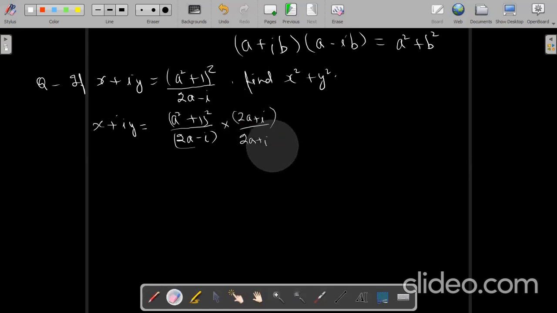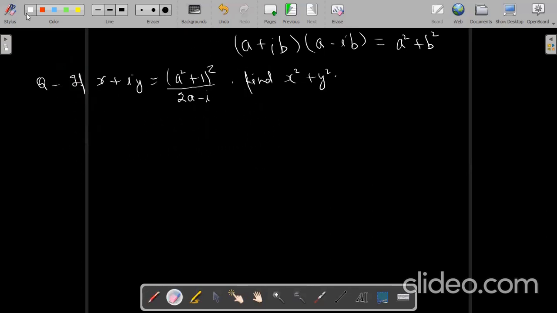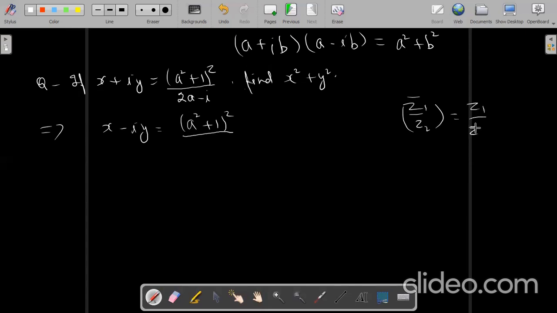So another way is you can directly write: wherever iota is given, its conjugate x minus iota y will be equal to, because this is a real number, (a square plus 1) whole square, this will not change, and only in the denominator, because the conjugate of the quotient is the conjugate of the numerator over the conjugate of the denominator, we can just change the conjugate, meaning change the sign of the imaginary number.